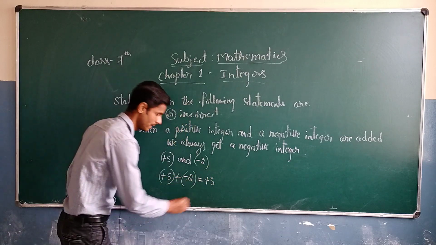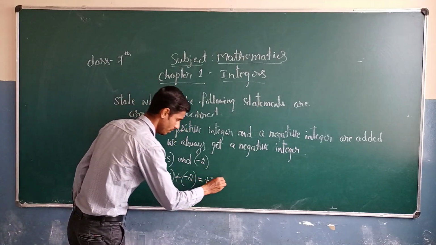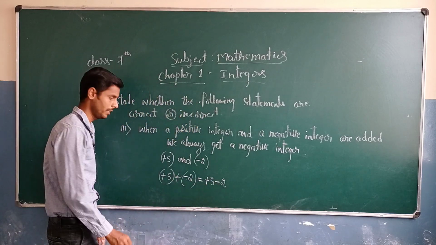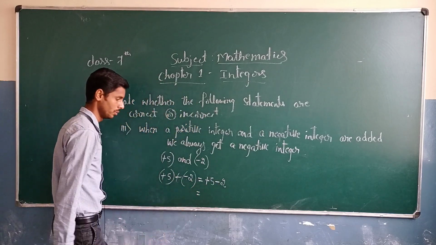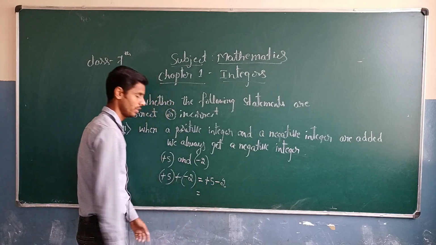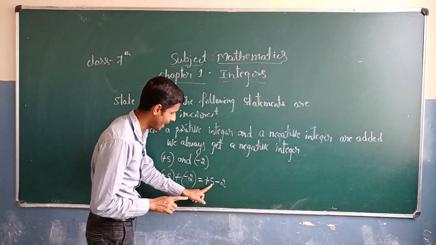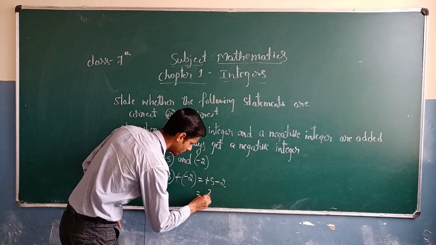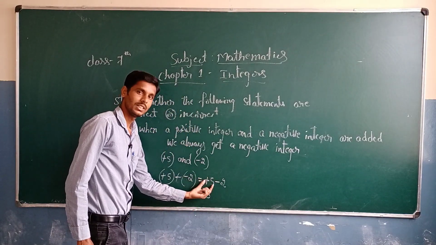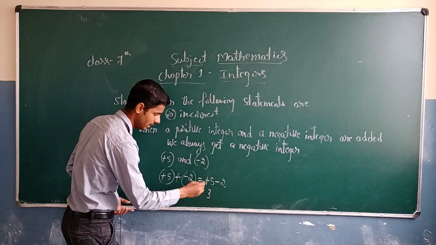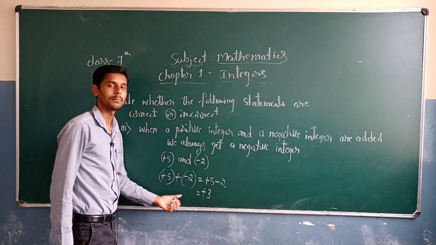Plus into minus is minus 2, is equal to plus 5 minus 2. When we have opposite sign, we will subtract. So 5 minus 2 is 3. The greater integer consists of plus sign, therefore we will put plus.